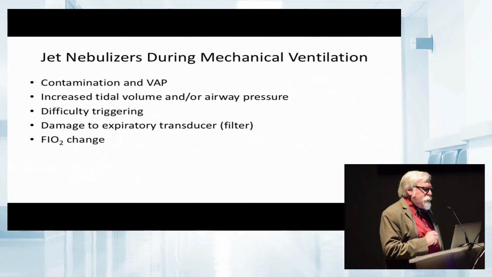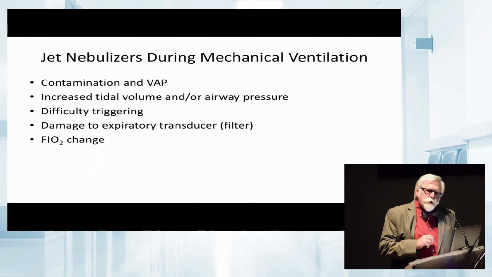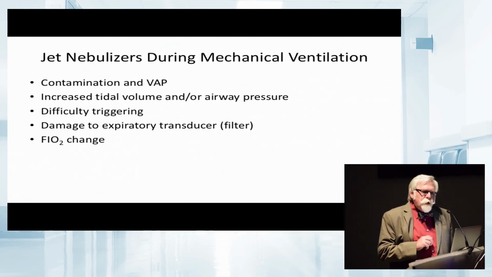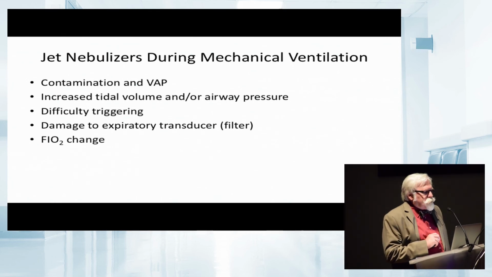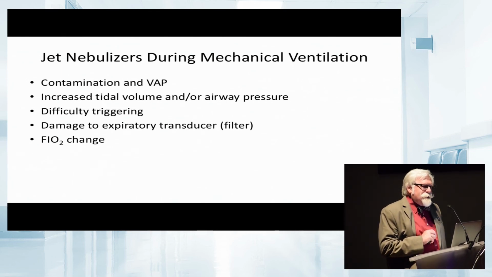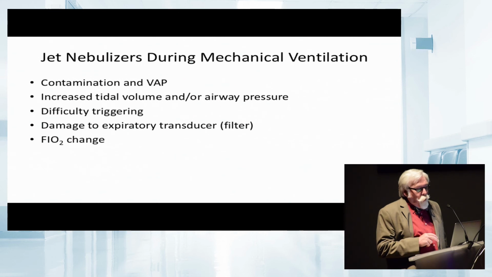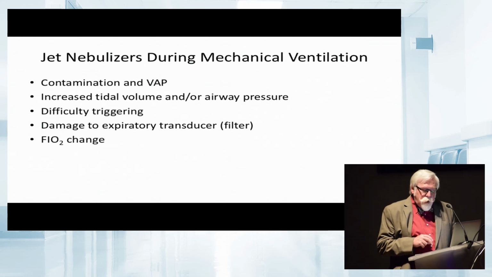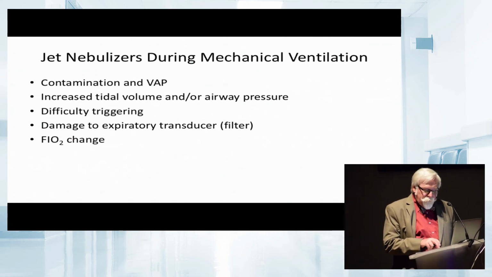The aerosol can damage the expiratory transducer in the ventilator, so that often filters are placed at the outlet of the ventilator circuit to protect the transducers in the ventilator, and if we use oxygen or air to power the nebulizer, that can affect the FiO2 that the patient receives.